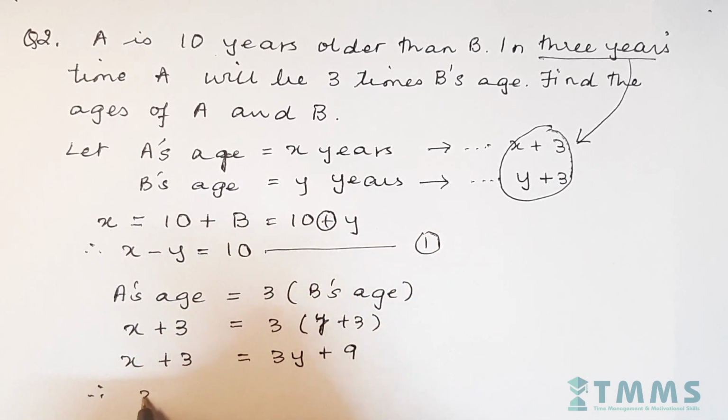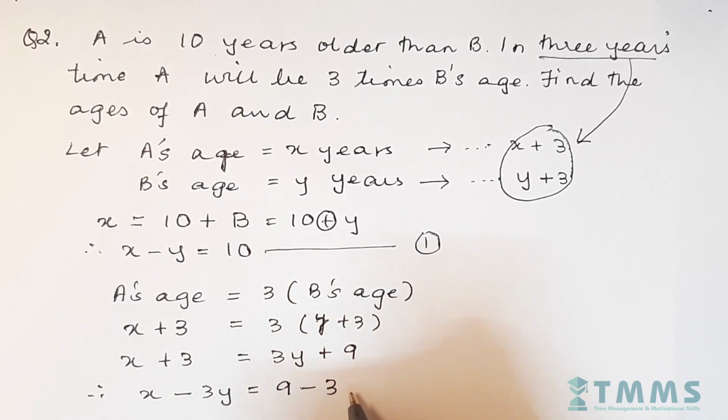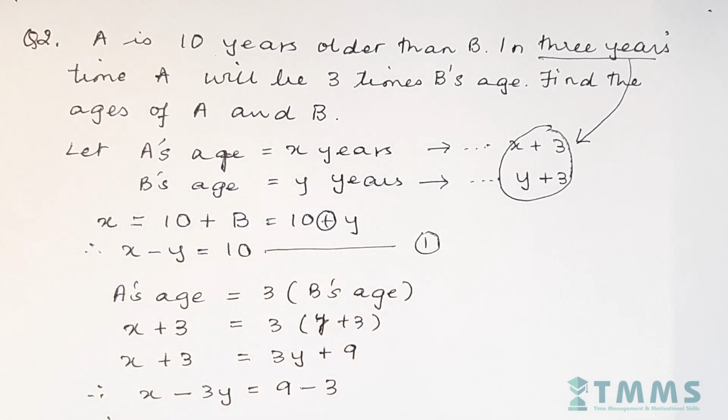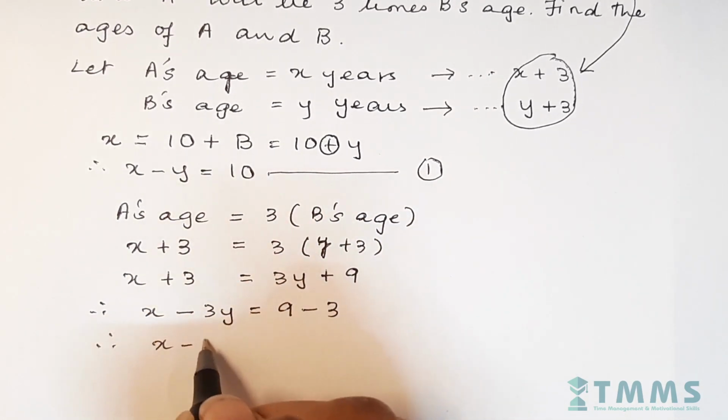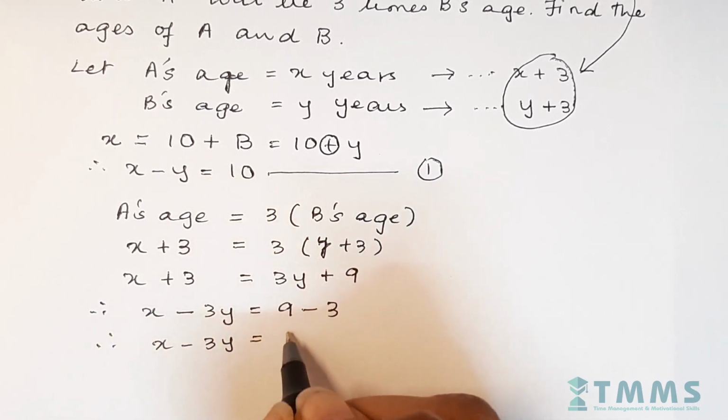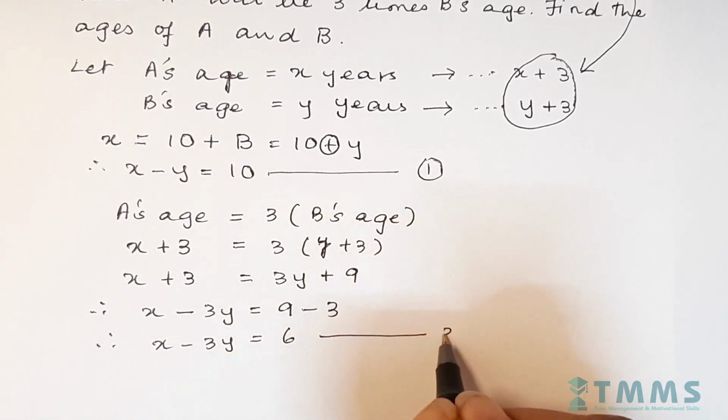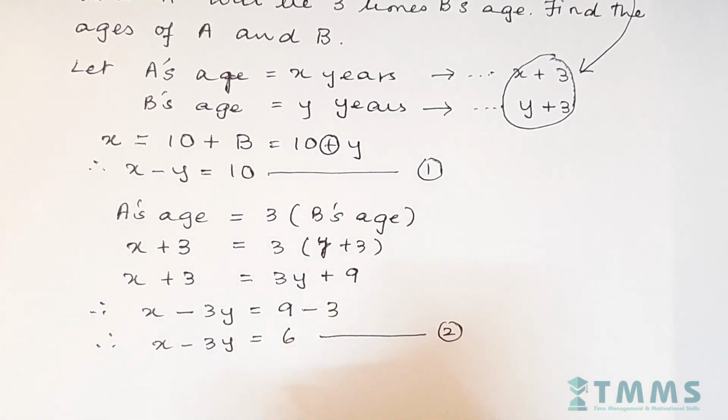And so, you will have X minus, take this Y on the other side, so it becomes minus 3Y is equal to 9 minus 3. This 3 goes that side, and so you will have therefore X minus 3Y is equal to 6, and that is our equation 2.